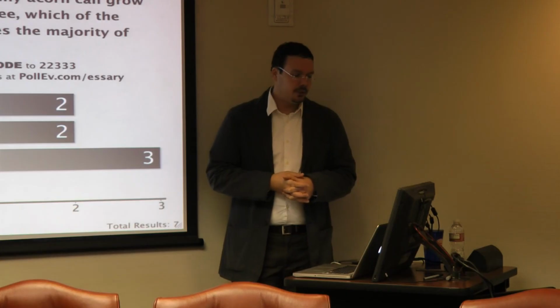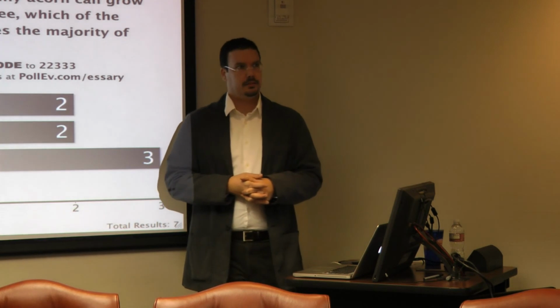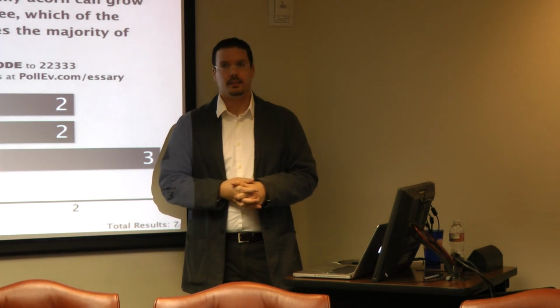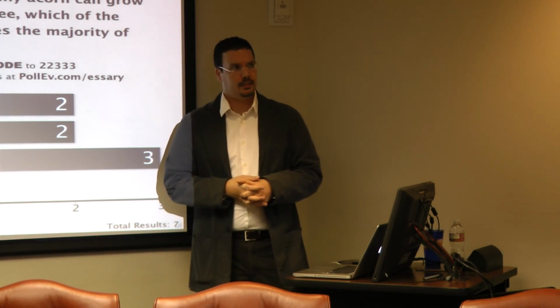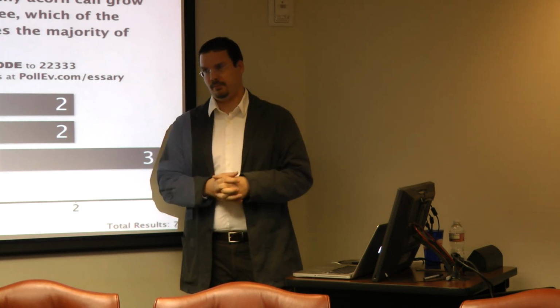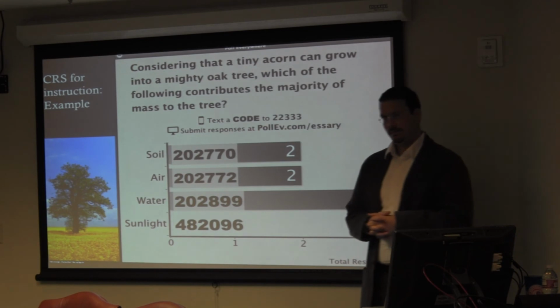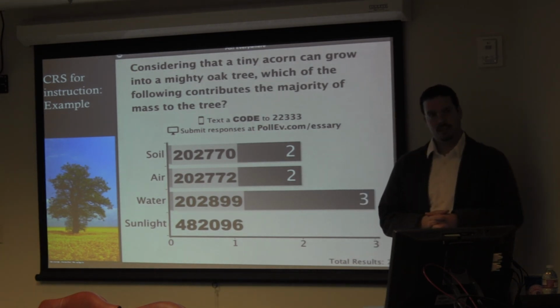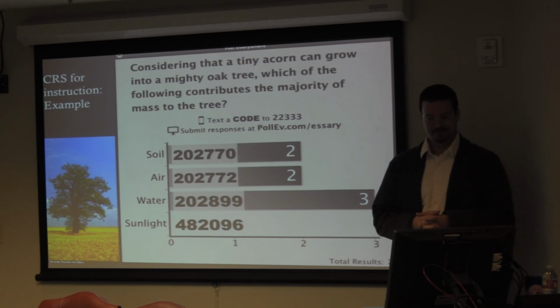So for those of you who said soil, what is your thinking? Justify your answer. I had heard one argument from one of my peers that the soil provides the nutrients for the acorn to reach its full potential.